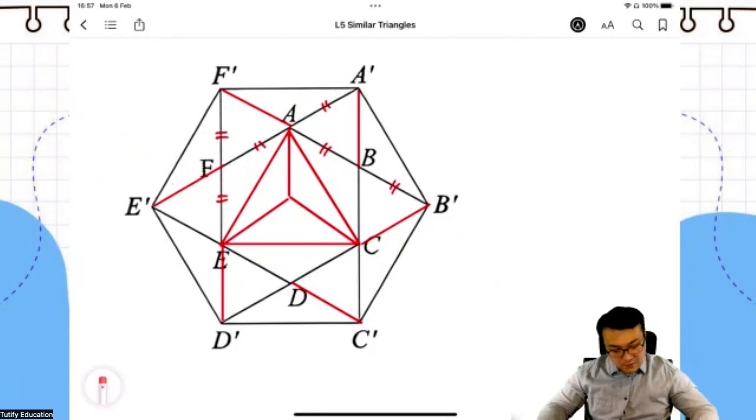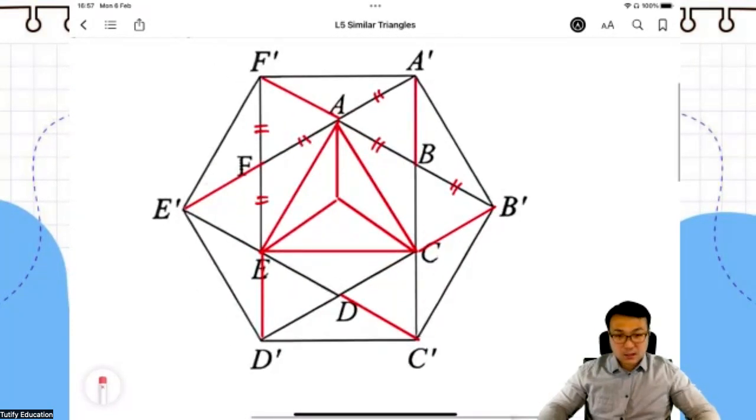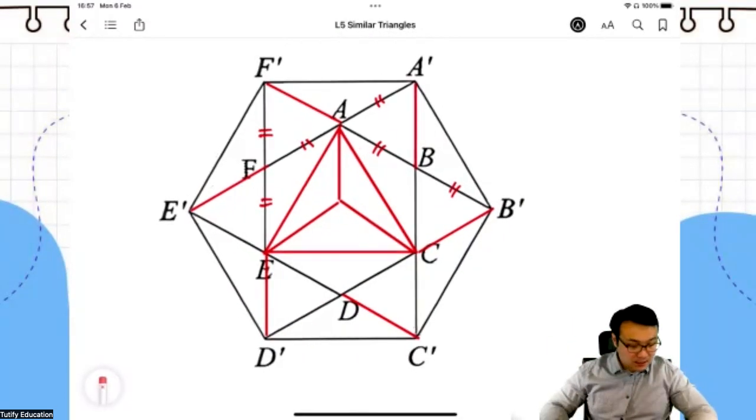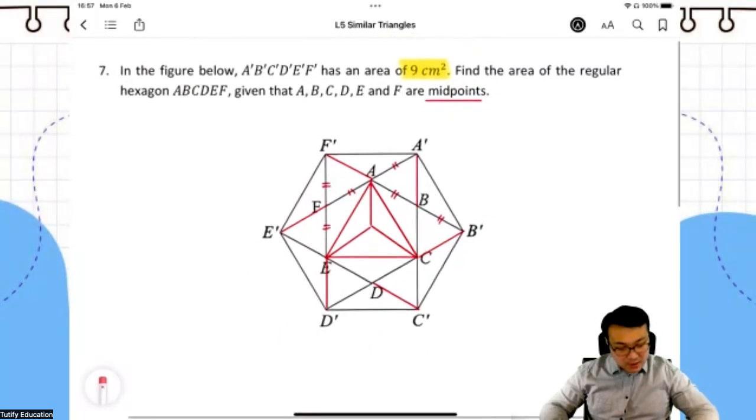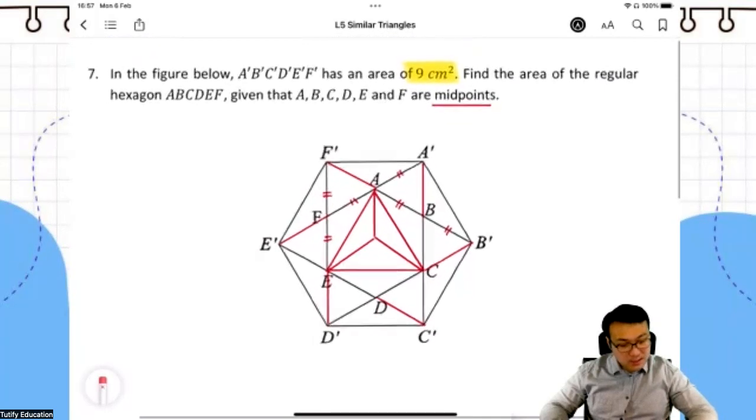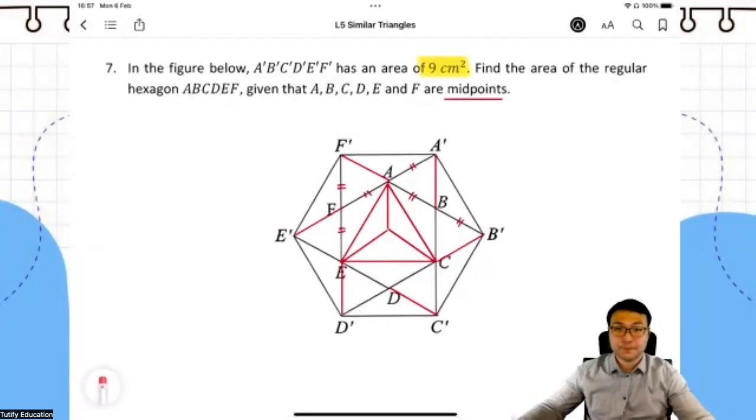So students, I've already drawn this. Everybody, can you give me the correct answer now? There are altogether 18 triangles here. So can you tell me what is the area of the small hexagon? Type your answer in the chat now, everyone.